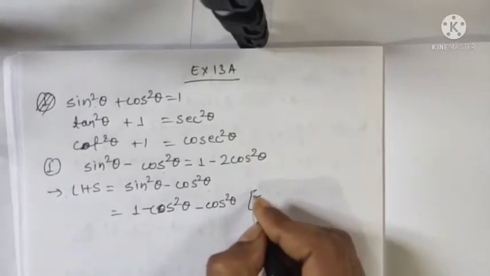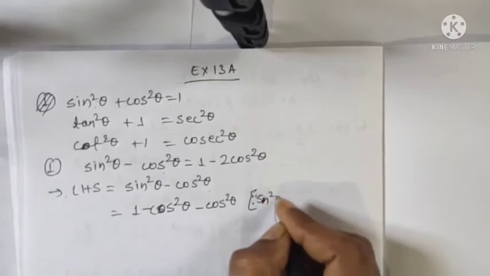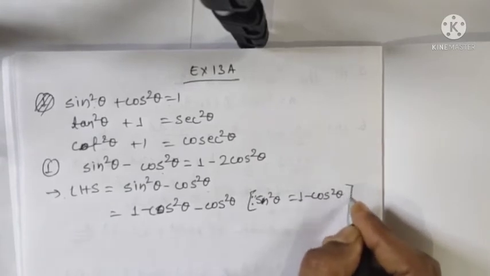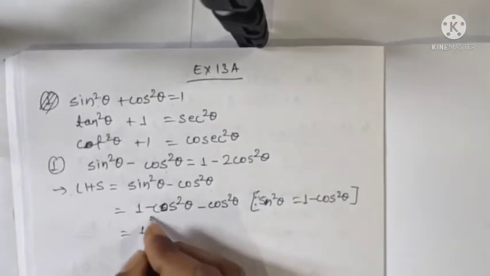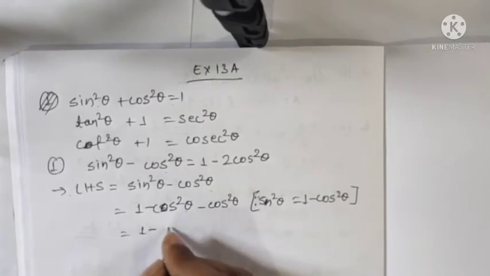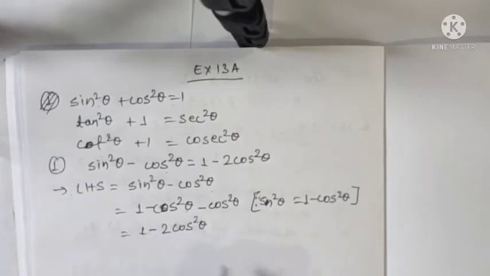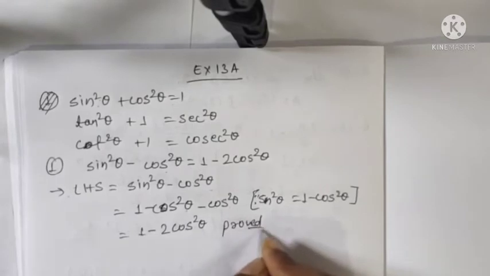Because sin square theta is equal to 1 minus cos square theta. Simple. That implies it will be 1 minus cos square theta minus cos square theta will add up and become 2 cos square theta. This is our RHS, hence proved.